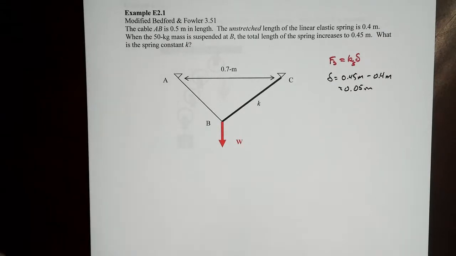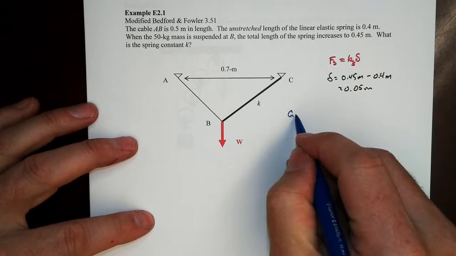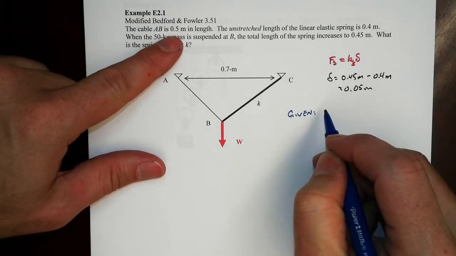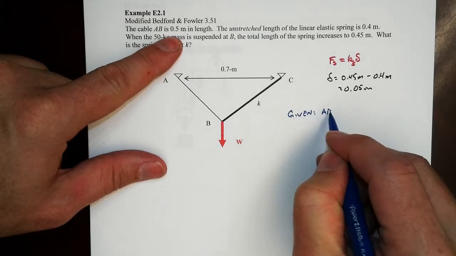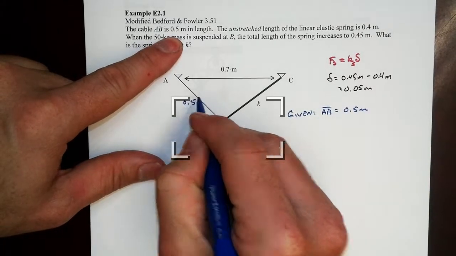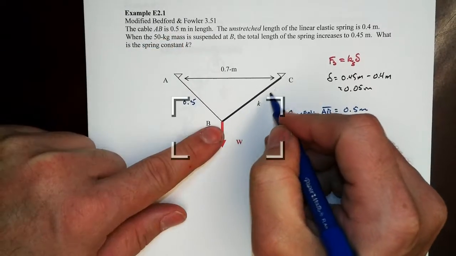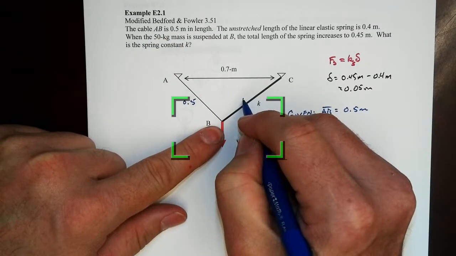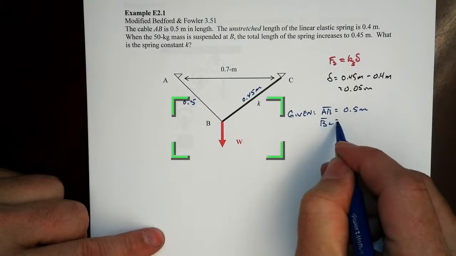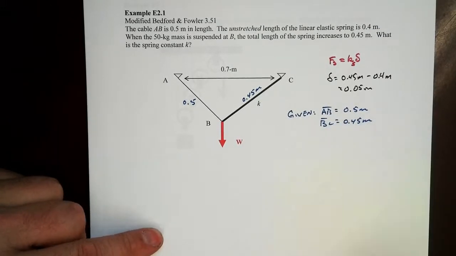Alright, so let's look at the other pieces of information that we've been provided. In addition to the sketch, our cable AB is 0.5 meters in length, and in the configuration for analysis, this other side is 0.45, so BC equals 0.45 meters, right?